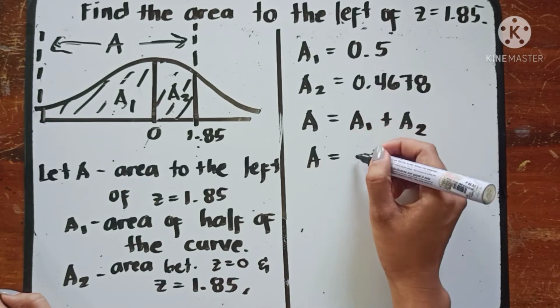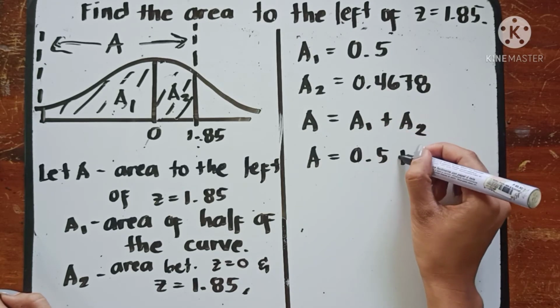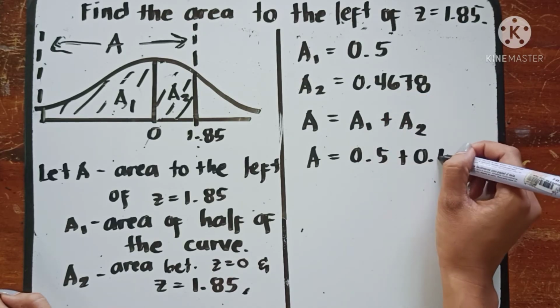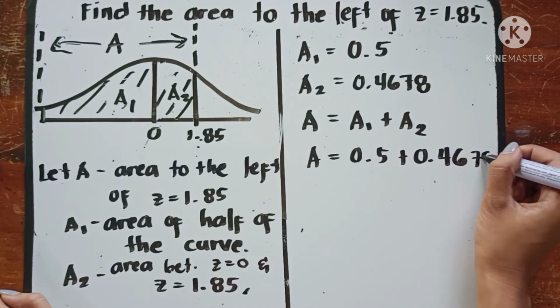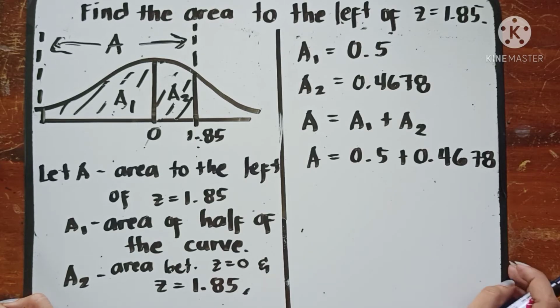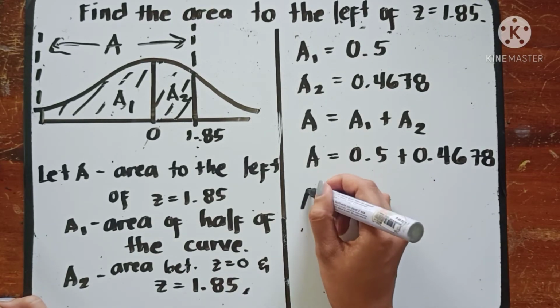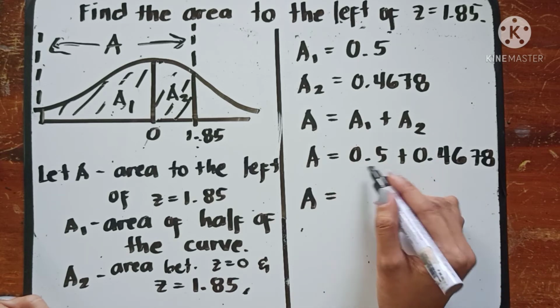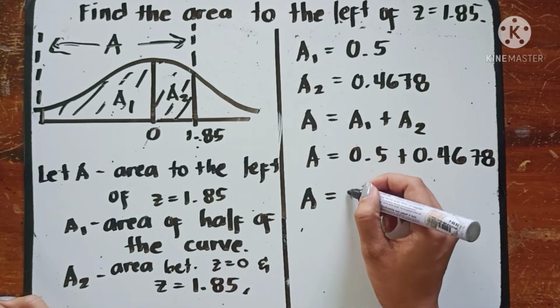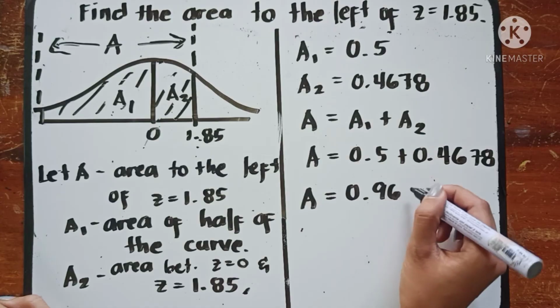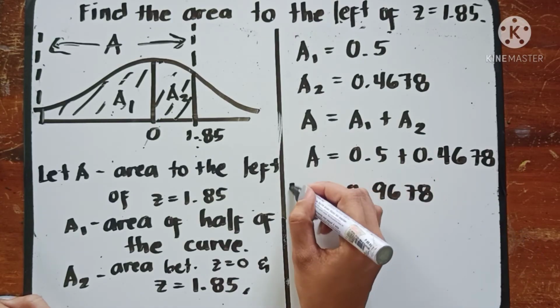A sub 1 natin is 0.5 plus a sub 2 natin, which is 0.4678. Now, the value of our a, pag-add lang po natin, 0.5 plus 0.4678 is 0.9678.